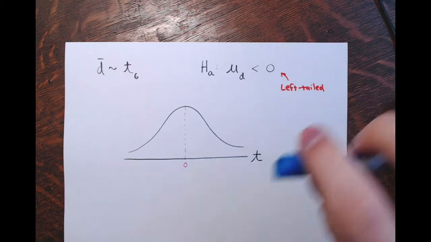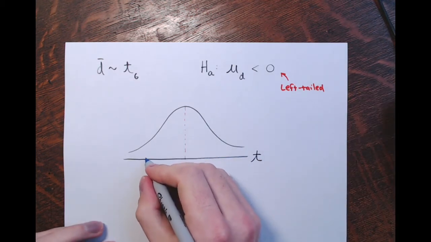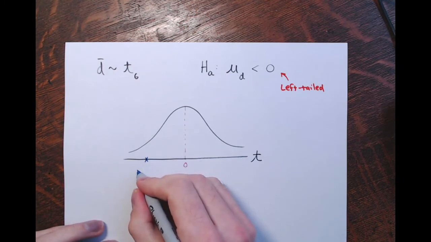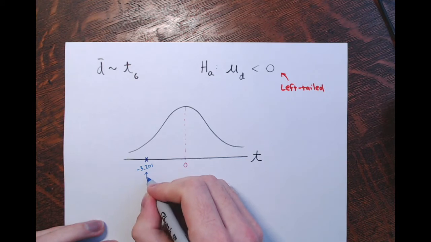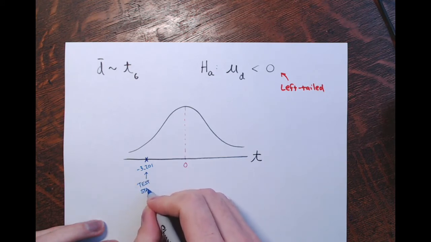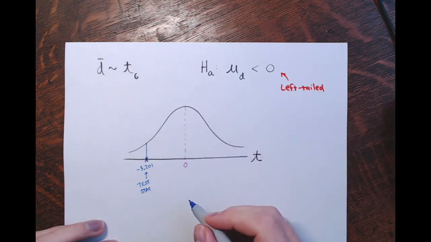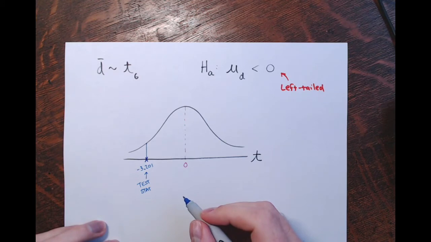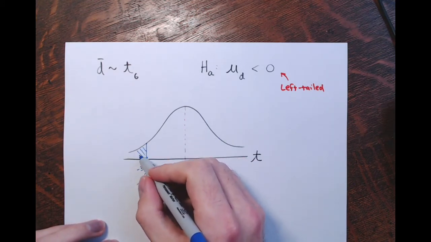And then for the p-value, remember you need to know where your test statistic lies. They said the test statistic came in at negative 3.201. Right, there was the test statistic. And if this is a left-tailed test, the p-value of your test statistic is then the area to the left.